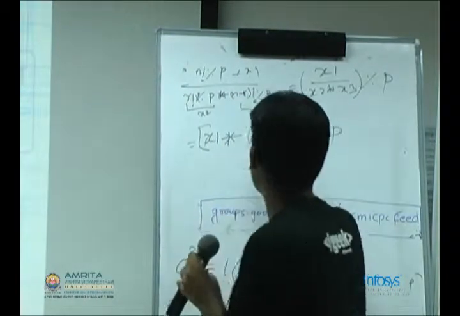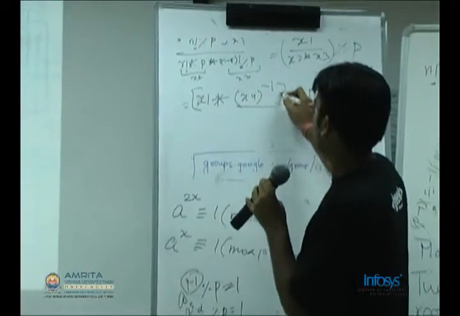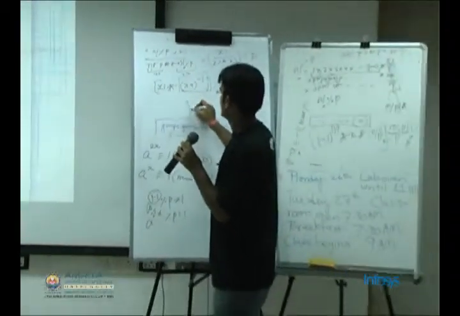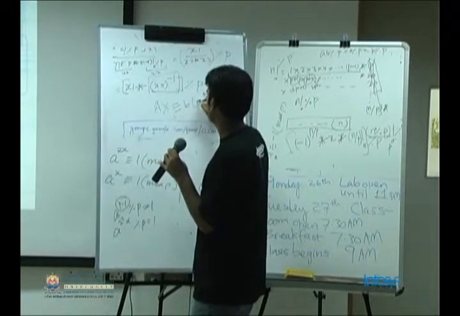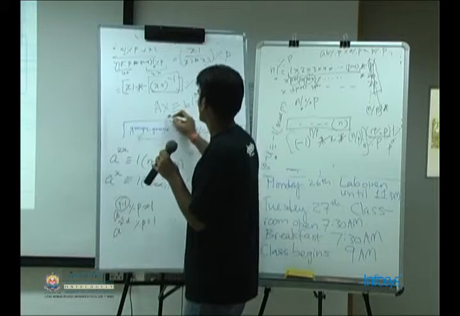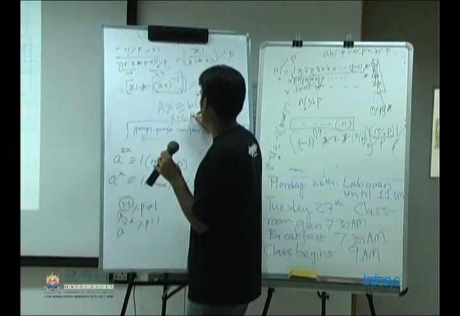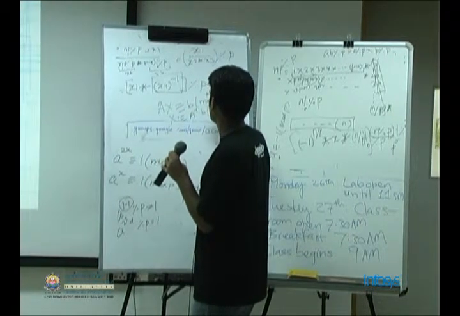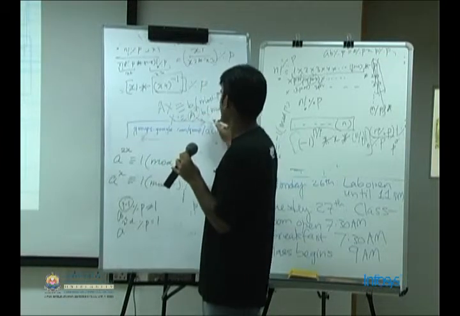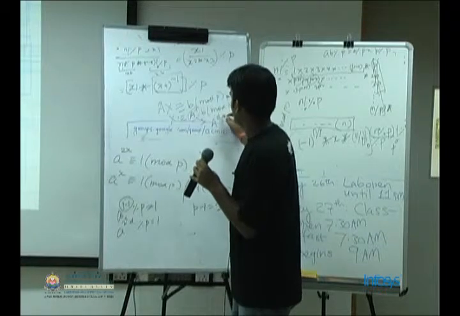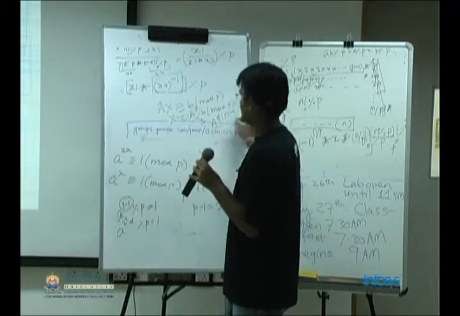modulo p. We already discussed how to calculate an inverse modulo p. When the equation is ax congruent to b mod p, we can write it as x congruent to a inverse b mod p. A inverse is equivalent to a power p minus 1.